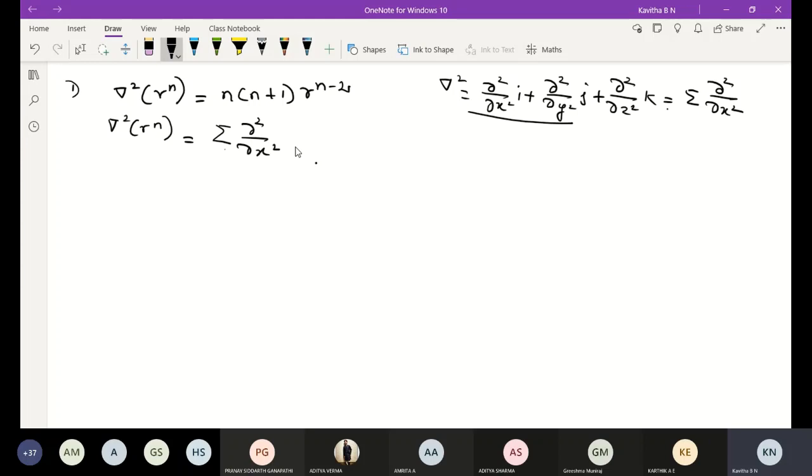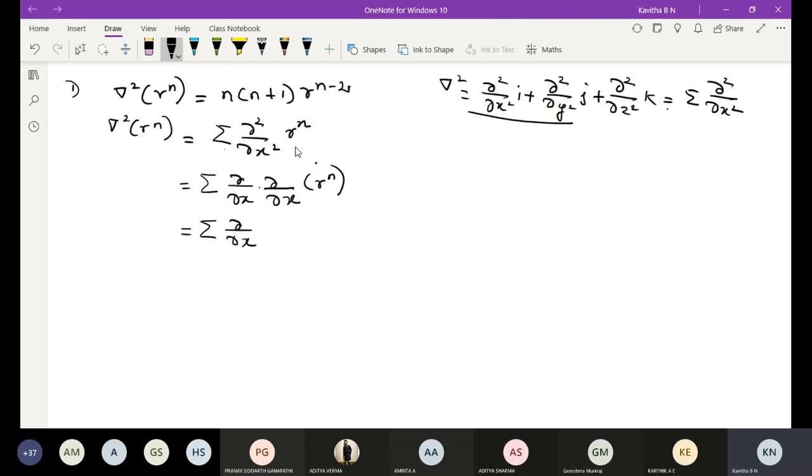Nabla square we are writing summation of del square by del x square. Okay. Then r to the power of n. Summation of del square by del x square we are writing del by del x into del by del x, then r to the power of n. The next step, differentiate summation of del by del x.